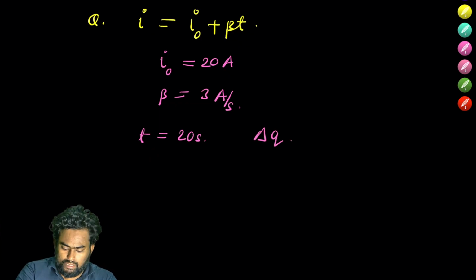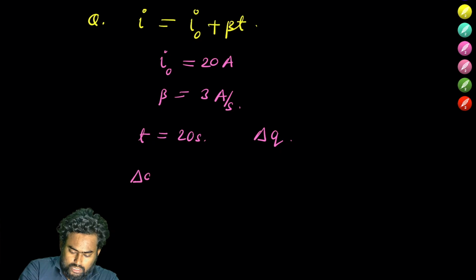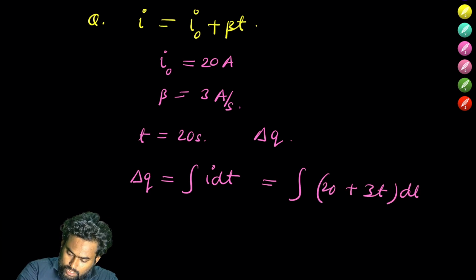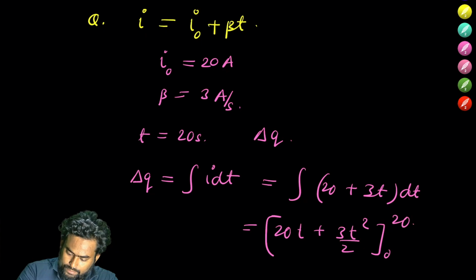Again, a simple question based on the definition only. Charge is given as integral of I dt. So the integral of 20 plus 3t into dt. I will integrate it: 20t plus 3t square by 2, from 0 to 20.